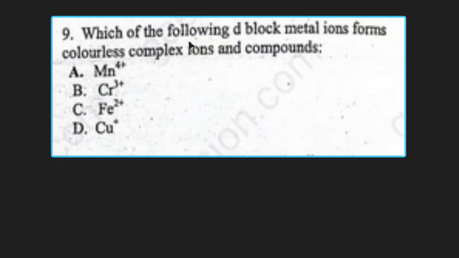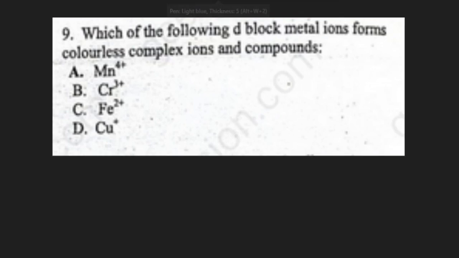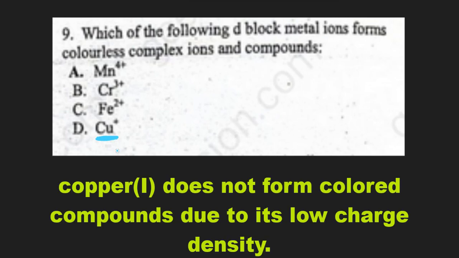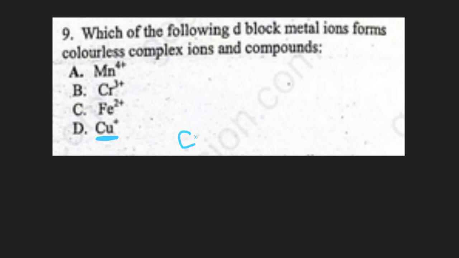Question 9. Which of the following d block metal ions forms colorless complex ions and compounds? So for manganese, for chromium 3 and iron 2, they do form colorful compounds. It is only for the copper 1 ion, which has a low charge density, which makes it form colorless compounds, unlike its counterpart, which is the copper 2 ion.